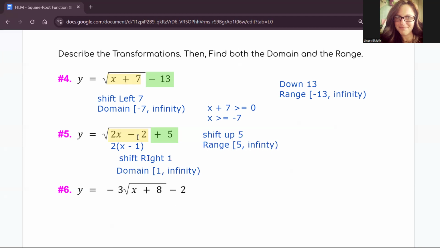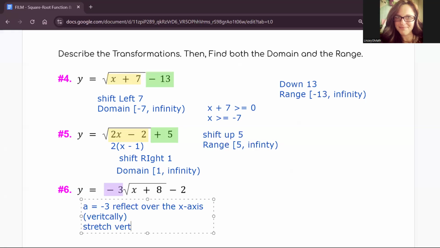And number 6, we have an A out front that is -3. This is going to reflect the graph over the x-axis vertically. And the 3 will stretch it by a factor of 3.